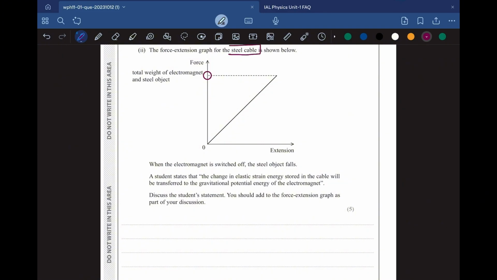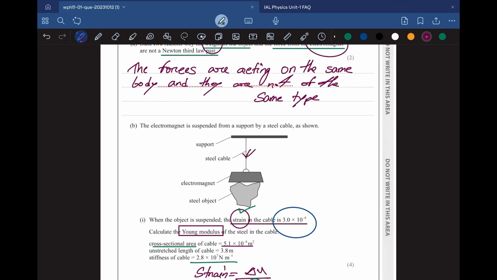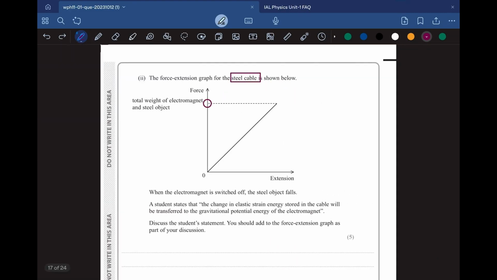The steel cable is holding the weight of the electromagnet as well as the steel object, right? And this is the extension at that time, when the total weight of the electromagnet and the steel object was there.